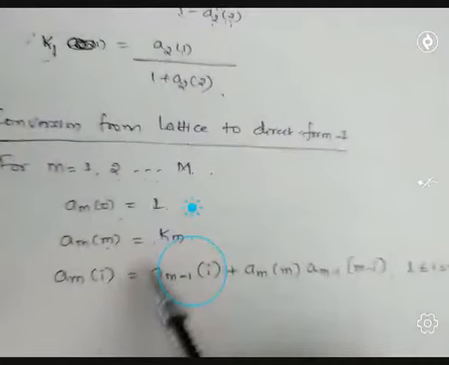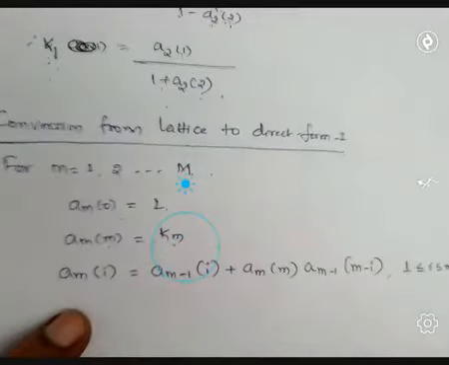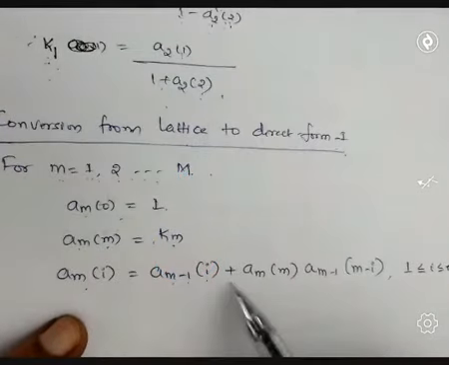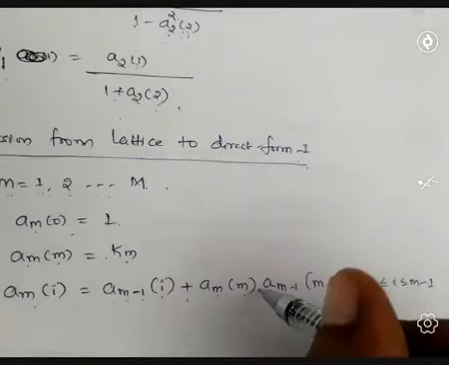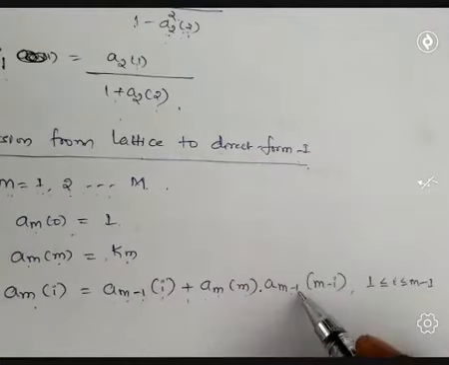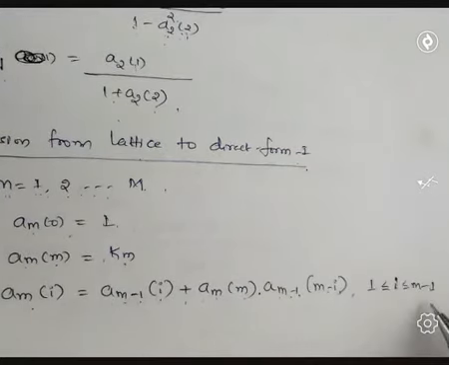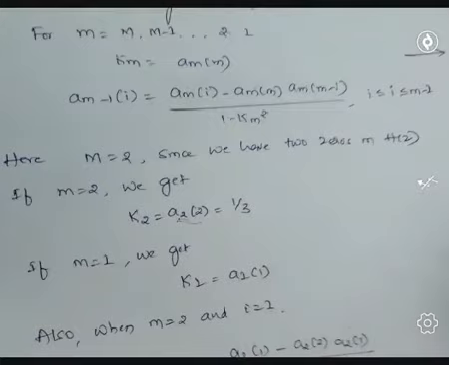Then am of i equal to am minus 1 of i plus am of m multiplied by am minus 1 of m minus i, where the value of i varies from 1 to m minus 1. So this is the formula. With the help of this formula, we are going to discuss numericals.